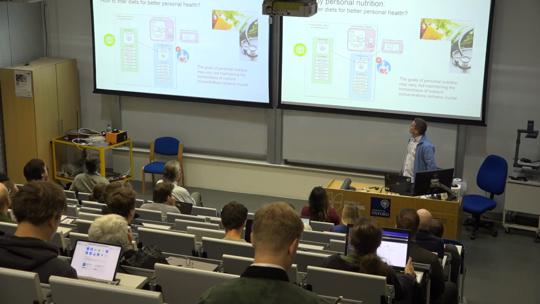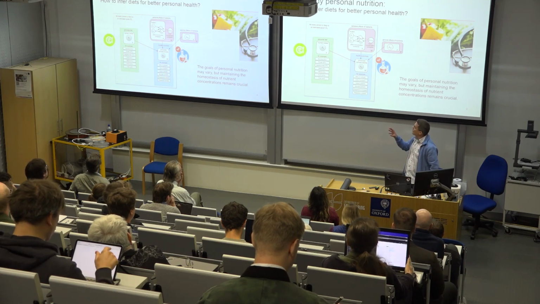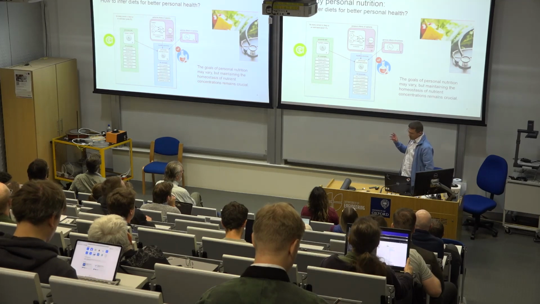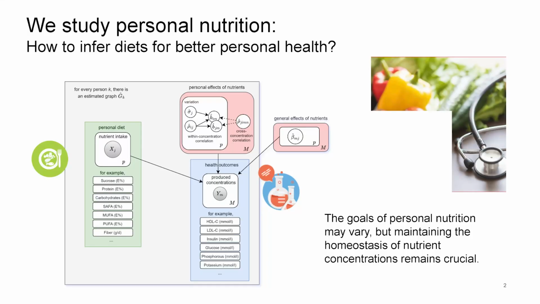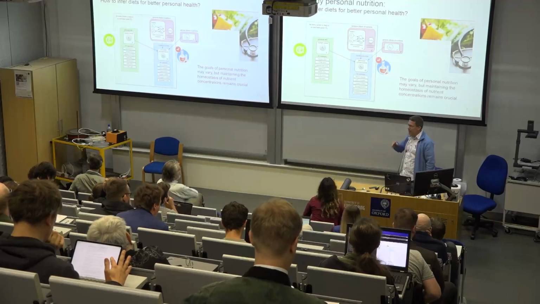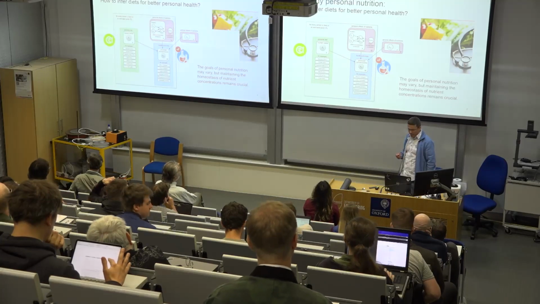And we study personal nutrition. This is what it's about, and especially how to infer diets for better personal health. And this is the concept, the graphical model, basically what we are talking about today. So we assume that we can predict concentrations, cholesterol, insulin, glucose, whatever, in the blood based on the nutrient intake in your diet.